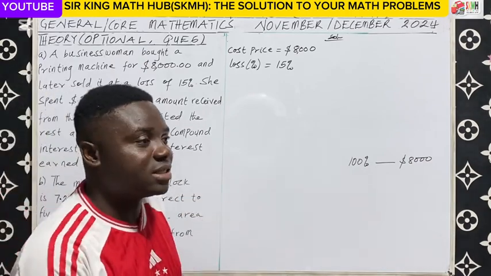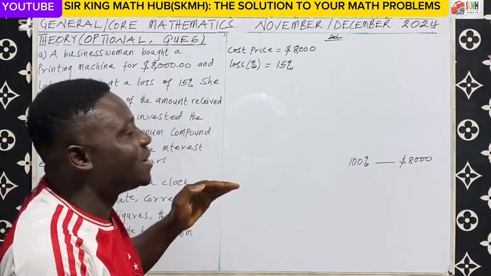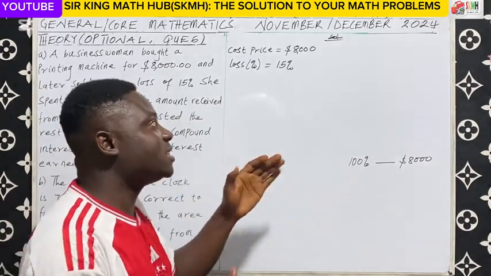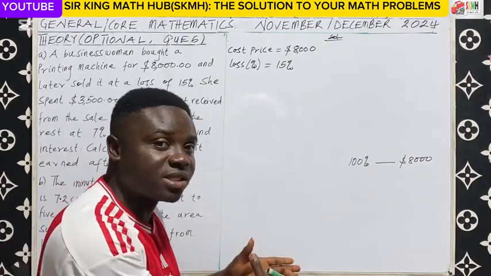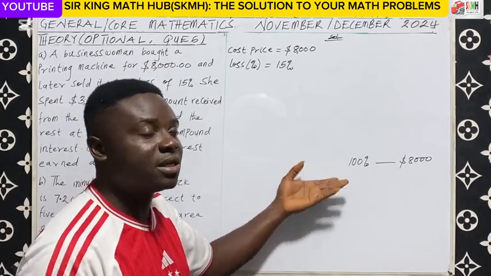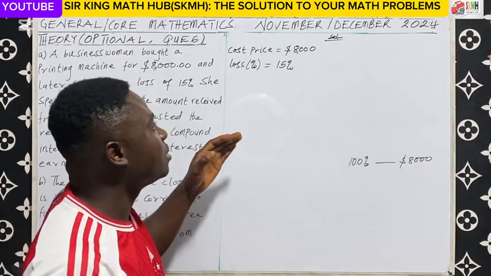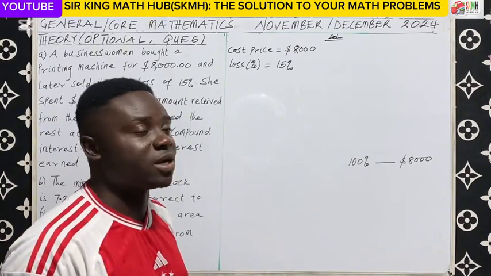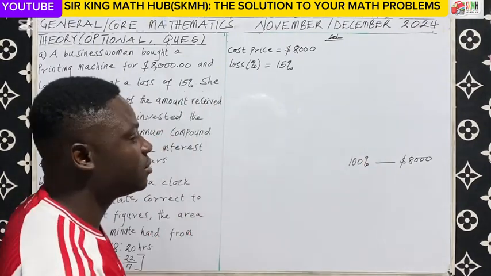So making a loss here means that she sold the machine at a price lower than the cost price. So it means that she reduced the price by 15%. That is in terms of percentages. We know the original percentage as 100%. Now she's selling the printing machine at a 15% less price than the original one. So now what is 15% less of 100%?